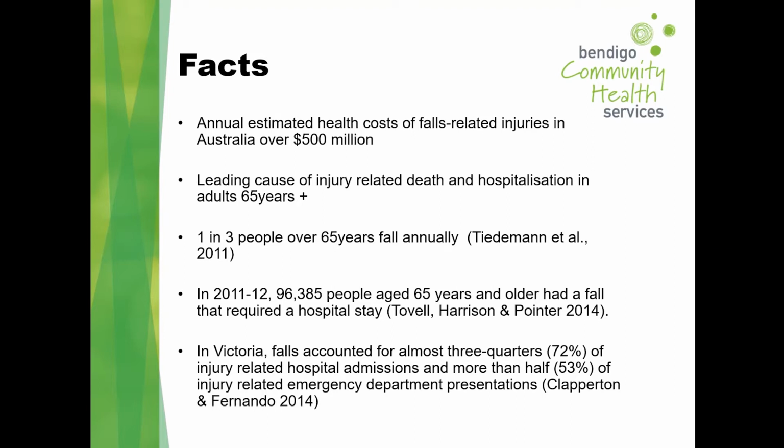So about 96,385 people aged 65 years and older had a fall that required a hospital stay. And in Victoria, falls accounted for almost 3/4 of injury-related hospital admissions and more than half of injury-related emergency department presentations.